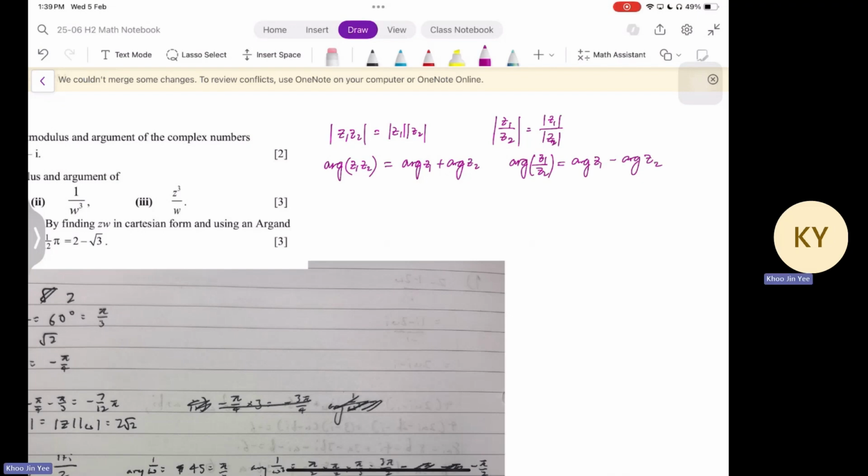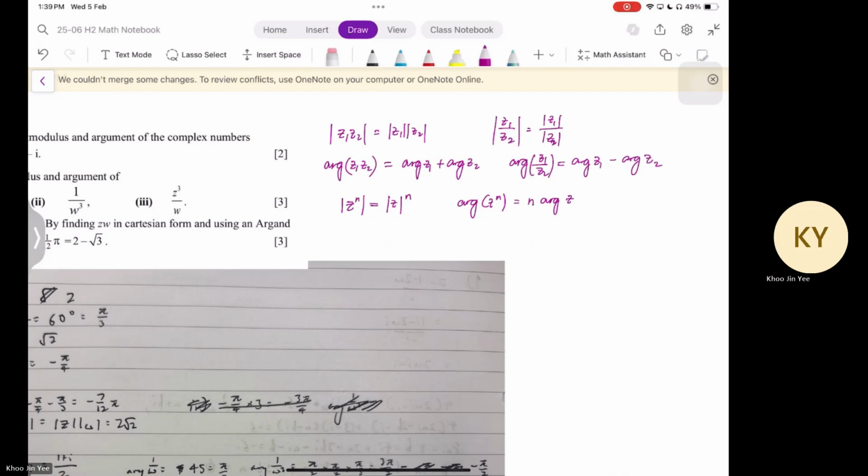Last but not least, because of the product, if you raise your complex number to the nth power, the modulus is raised to the nth power as well, and the argument becomes n times the argument.